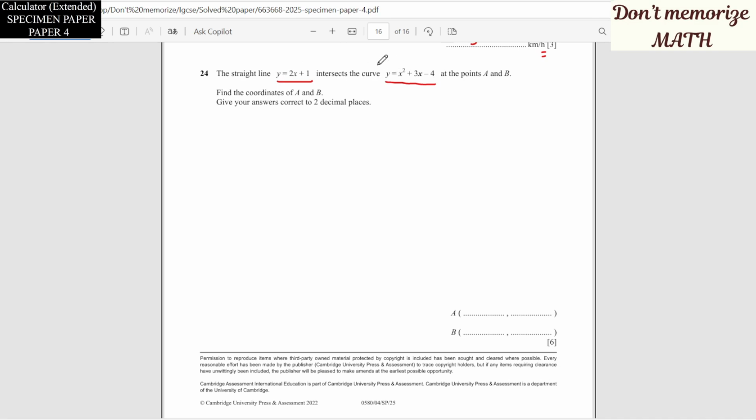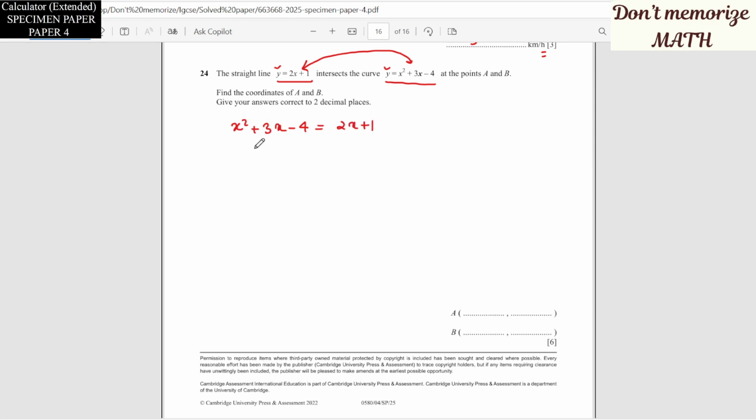Both of them are y, so we will take these two as equal, so that you can find the value of x. So we'll take x square plus 3x minus 4 equal to 2x plus 1.